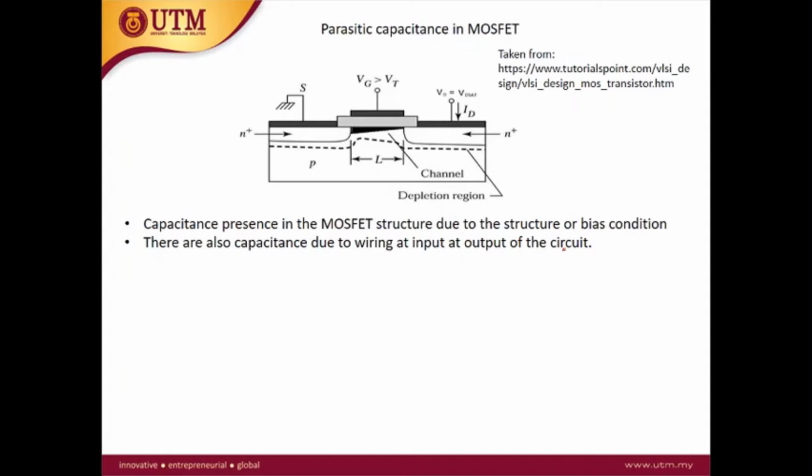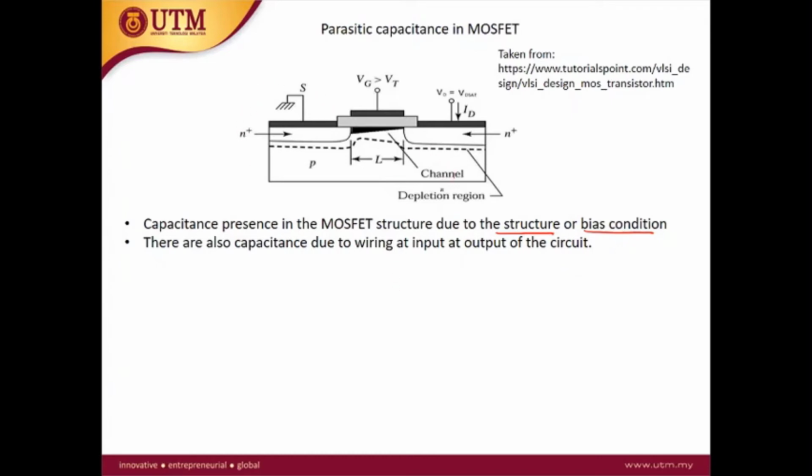This is due to the structure of the device, or sometimes due to the bias condition. Sometimes the capacitance inside the MOSFET will change depending on the bias condition. For example, when the drain voltage is low or high, the capacitance value will change. It will have a different value depending on the voltage applied to the device.